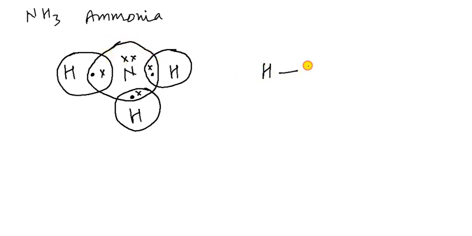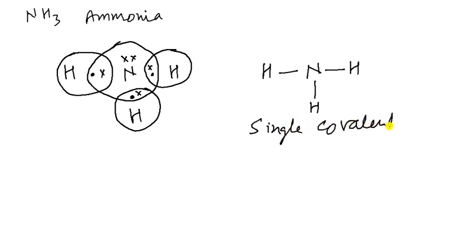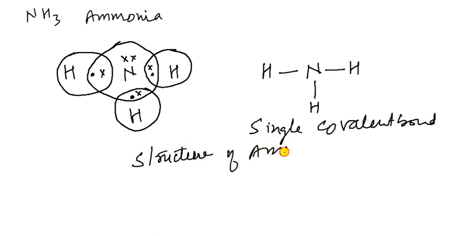They share like this. Hydrogen is sharing like this, and this hydrogen is sharing like this, and this will be sharing like this. You can draw this structure. Yes, they form a hydrogen nitrogen single covalent bond, and also another hydrogen nitrogen single covalent bond, and this also forms a single covalent bond.